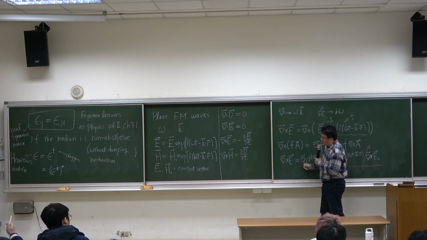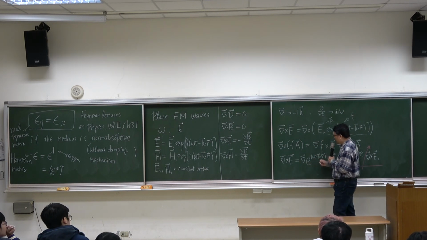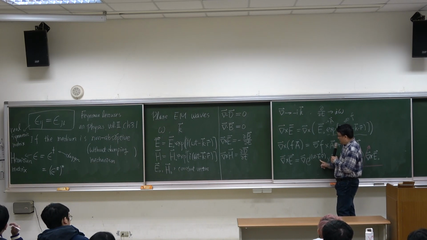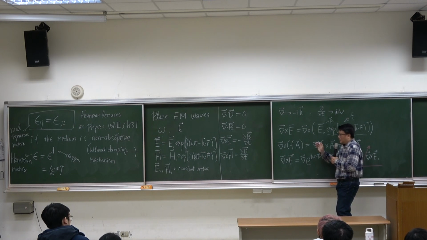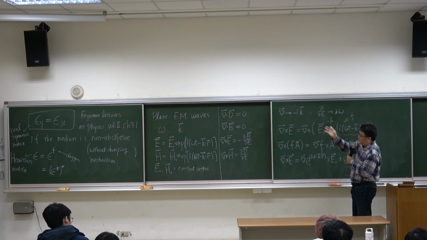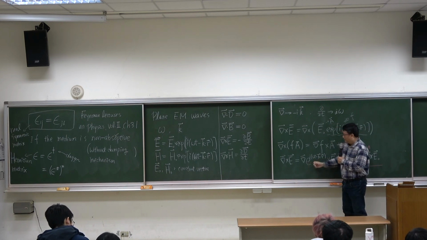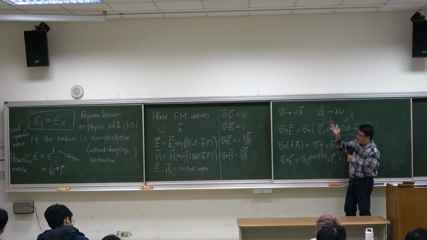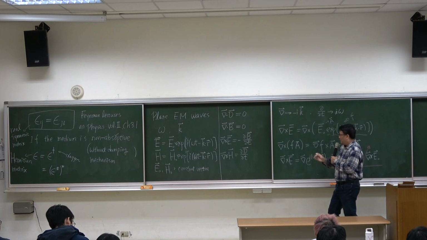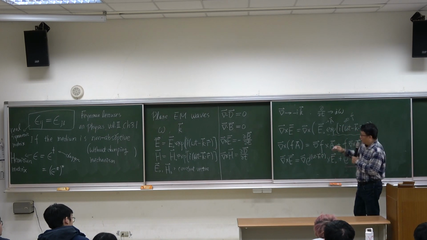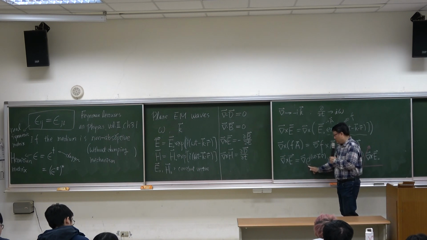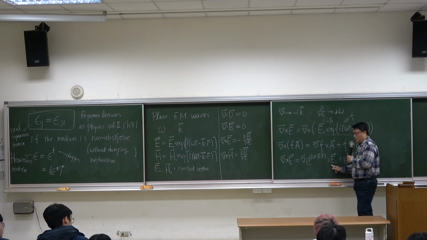If you apply the x partial derivative, this gives you minus i kx times the unit vector along the x direction. Similarly, for the y partial derivative you get minus i ky times the unit vector along the y direction, and similarly for the z component. So finally, you get minus ik cross E0.